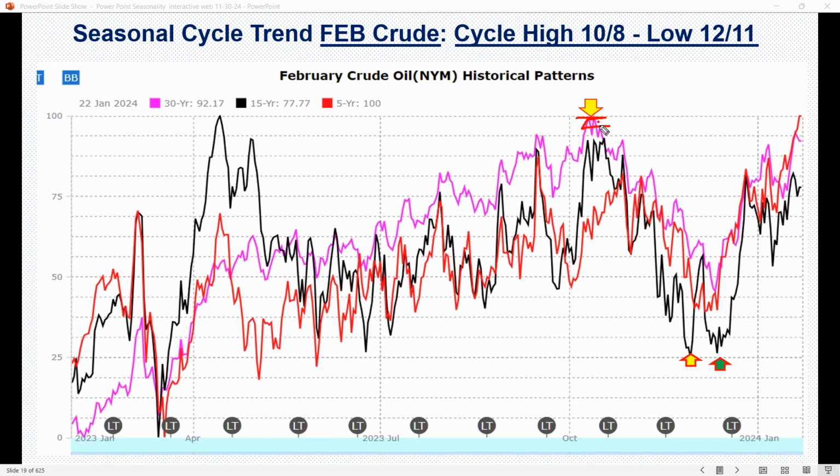So the seasonal trend is down. We're currently right here, and you get these little bounces, but there's not a really strong seasonal trend on energy now. The real strong seasonal trend on energy typically starts back here in July. These really help you navigate what's coming up in the markets, and then you can set up a trading plan.